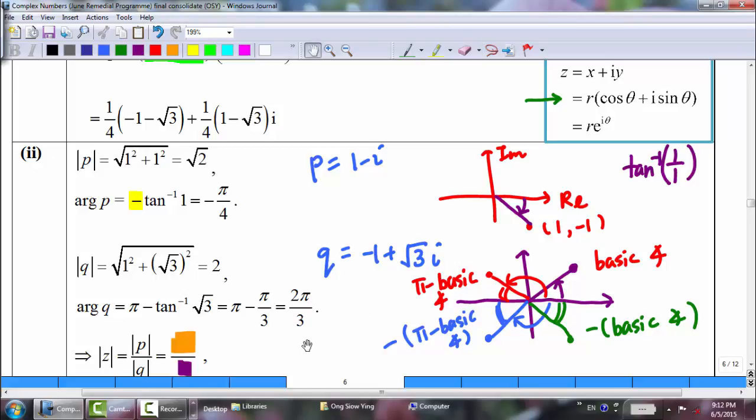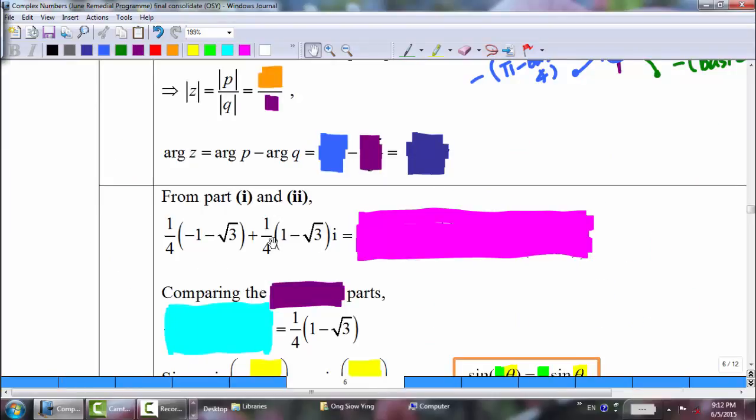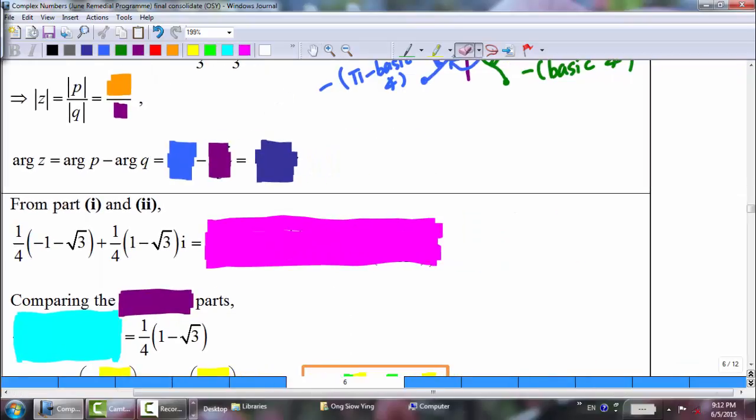Okay, so with this, then you can actually work out modulus of Z, which in this case is mod P over mod Q. Work out the mod P and mod Q, just do the substitution. And argument of Z is argument of P minus argument of Q. Now, if you work out your argument of P wrongly and argument of Q wrongly, your argument of Z definitely will be affected. So you have to be very, very careful when you try to work out the answer.